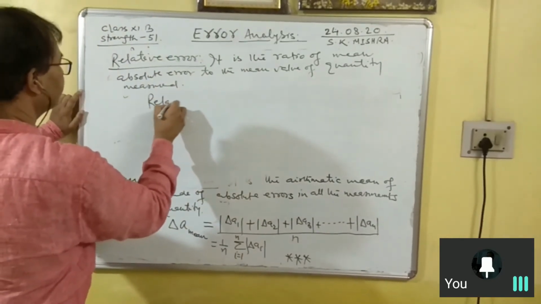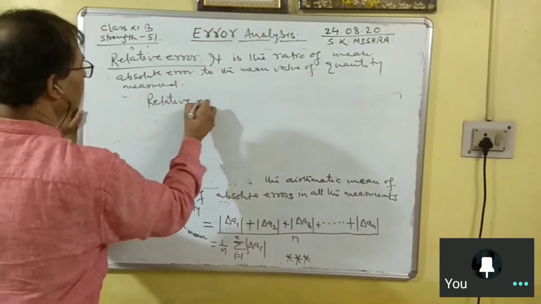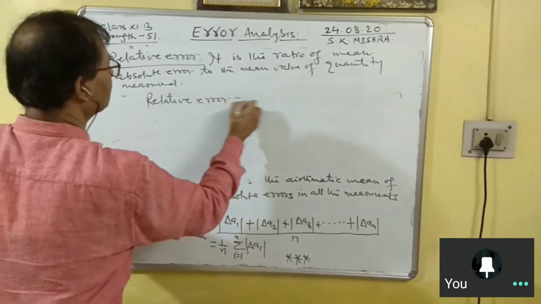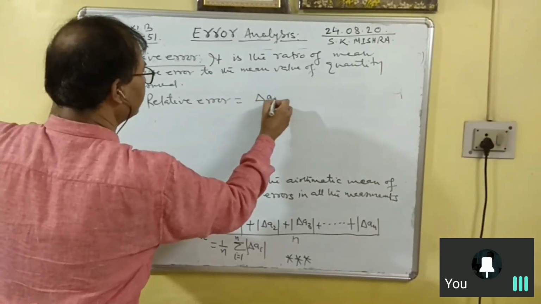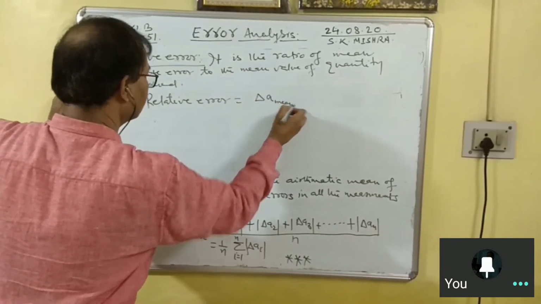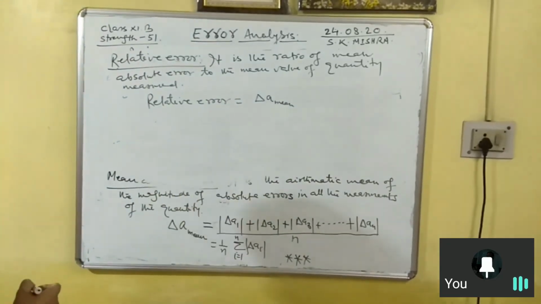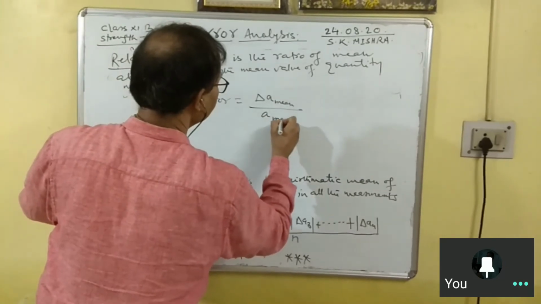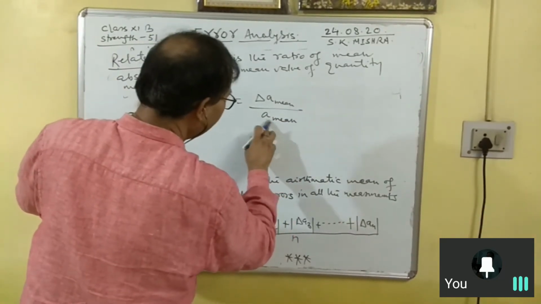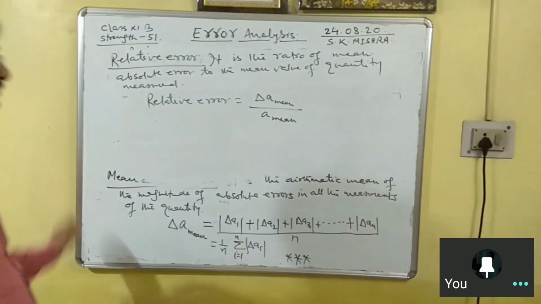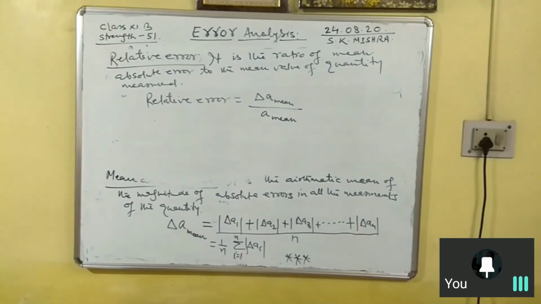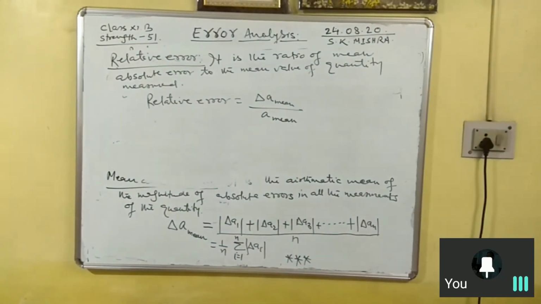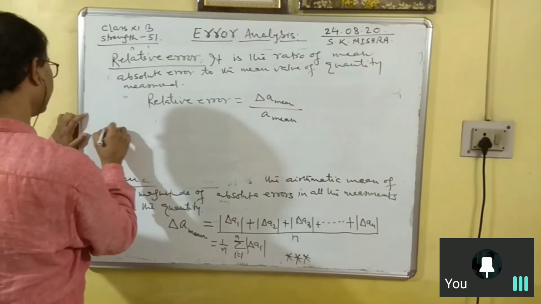Means relative error is equal to delta A mean divided by A mean, delta A mean by A mean. You may write A mean AM also. So delta A mean by A mean, this gives you relative error. And what is percentage error?